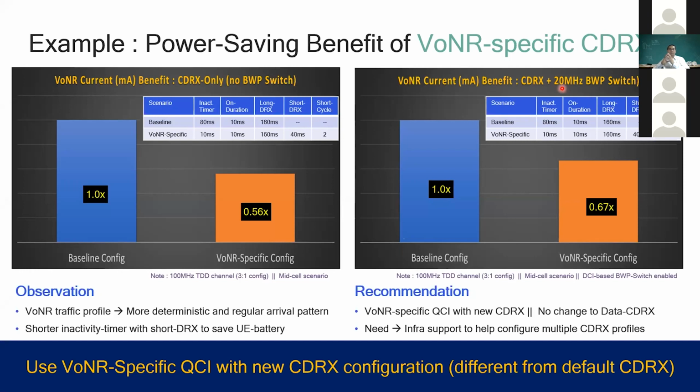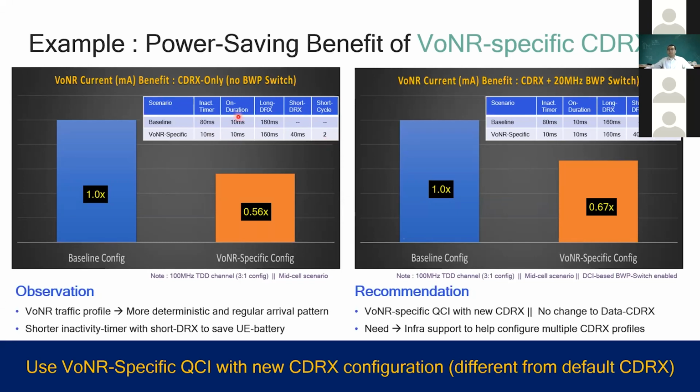So a very important takeaway of this slide is that it does not matter whether your network has BWP or does not have BWP, with respect to what your default CDRX configuration is, we recommend that you also implement a VoNR specific CDRX in line with the scenario that we are capturing here.